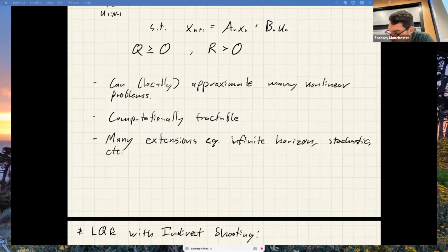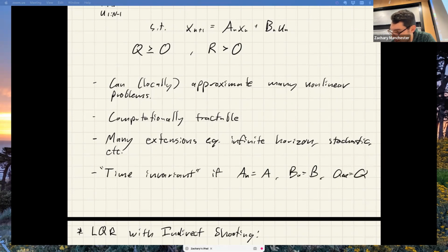Time invariant if A_k equals A, B_k equals B, Q_k equals Q, R_k equals R for all k, and time varying otherwise.